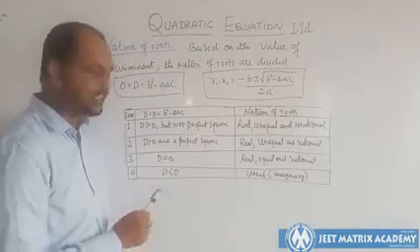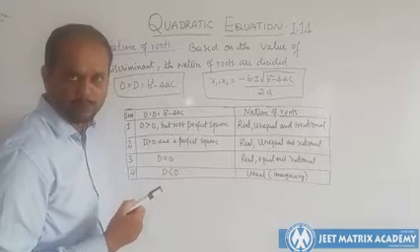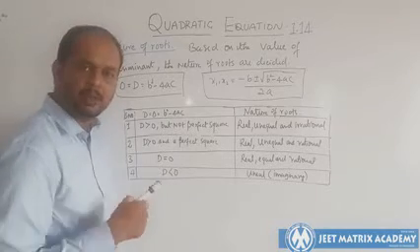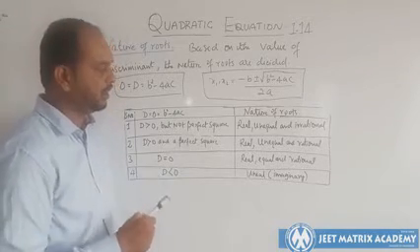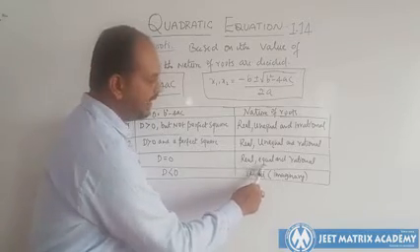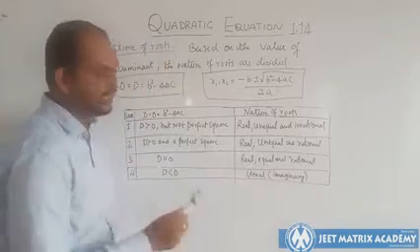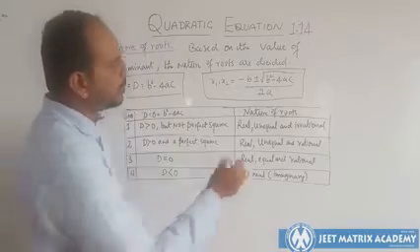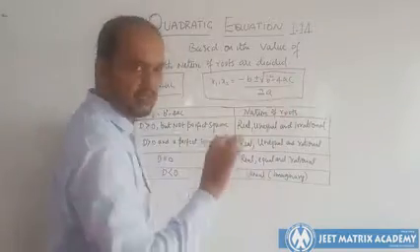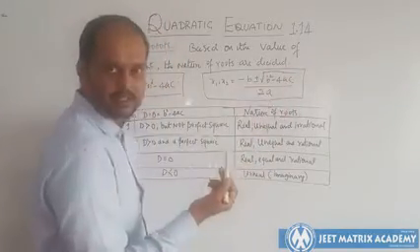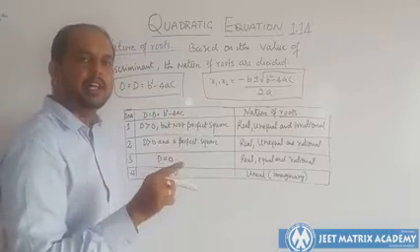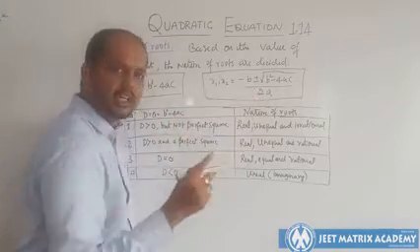Third case: if the discriminant value becomes 0, then we can say it is real, equal and rational. Why equal? If this square root part becomes 0, there is no question of plus or minus. If plus or minus comes between the two terms, then we get two values.